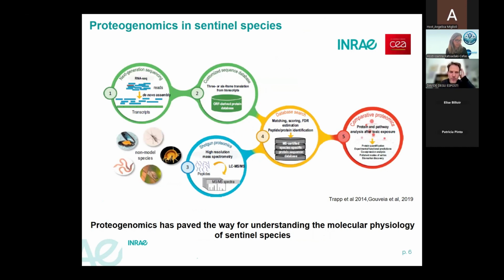So far, an approach called proteogenomics has been used in some non-model species. This proteogenomic, or more precisely proteotranscriptomic, approach consists in coupling RNA sequencing, to have a sort of molecular resource, with which to build a catalog of potential proteins, with high-resolution mass spectrometry that validates the presence or not of these proteins.